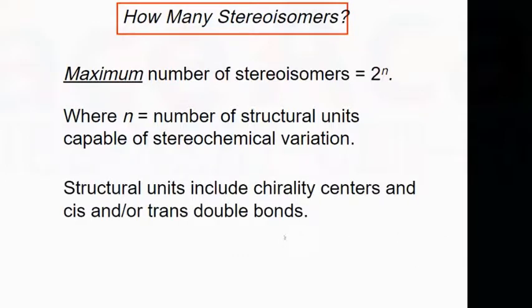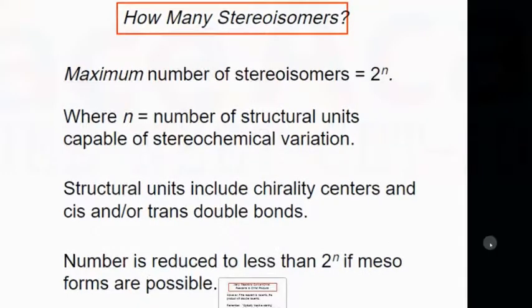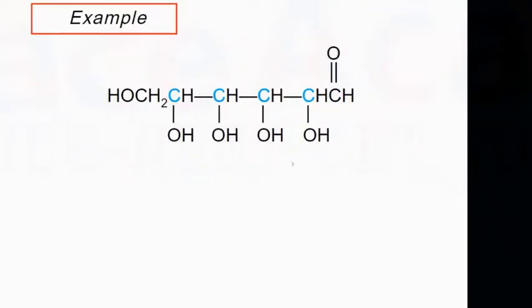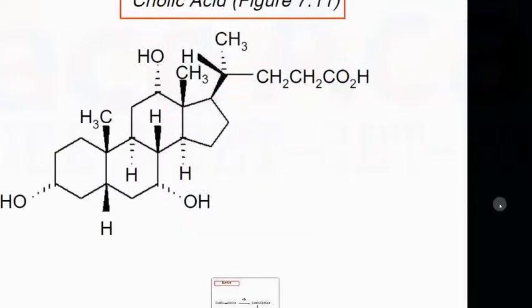Structural units include chirality centers and cis and trans double bonds. The number is reduced to less than 2 power n if meso forms are possible. We have an example here: 4 chirality centers, so 2 power 4 is 16 stereoisomers.